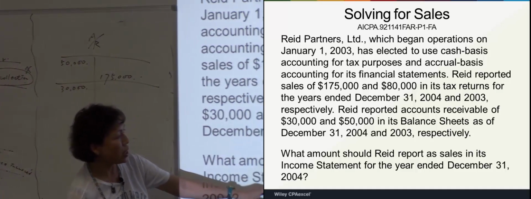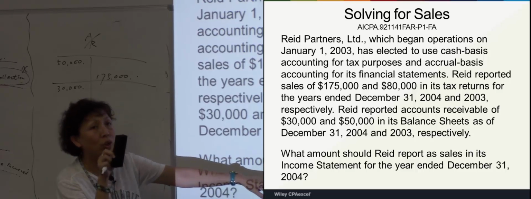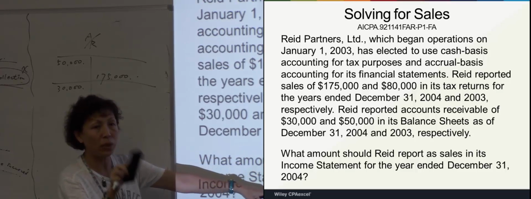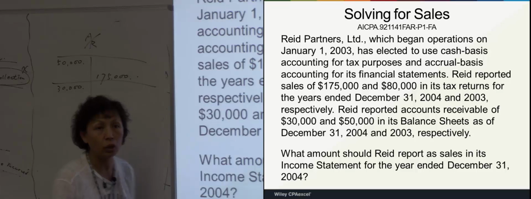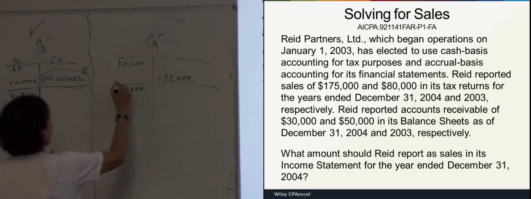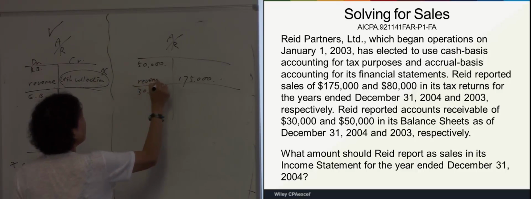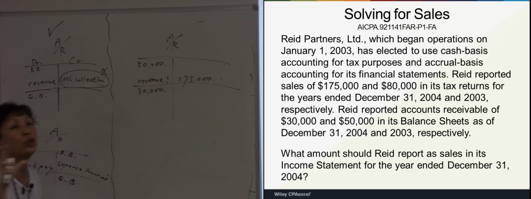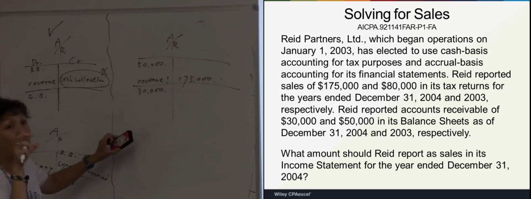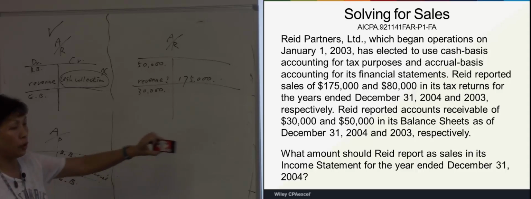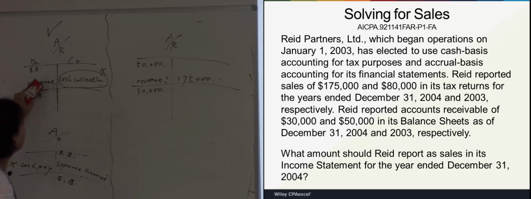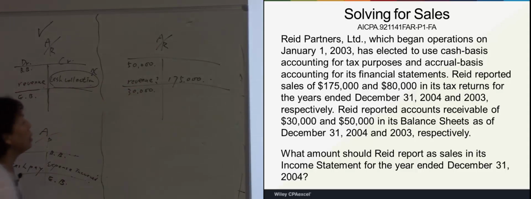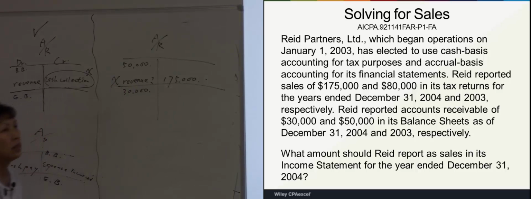The question asks you to compute the accrued sales, which means revenue. We don't know how much revenue should be accrued and recorded for 2004, so we put this in the debit side and assume it as X. Do you apply the same concept?